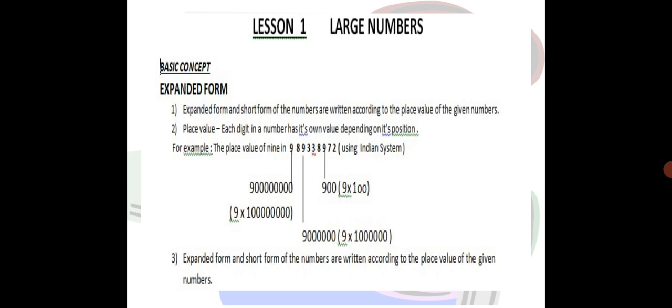The third point to be remembered is that the expanded form and short form of numbers are written according to the place value of the given numbers.